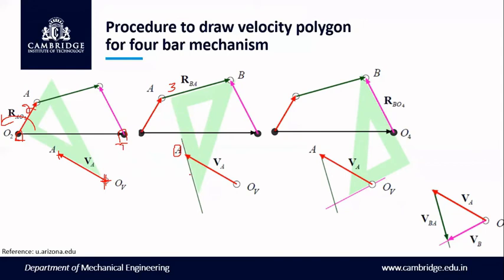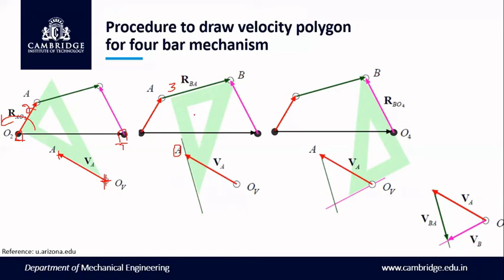This is the direction of velocity of point B with respect to A, but we don't know the magnitude of this vector. We know only the direction. Hence, simply draw a line of a certain length. So this is the direction of velocity vector B with respect to A.